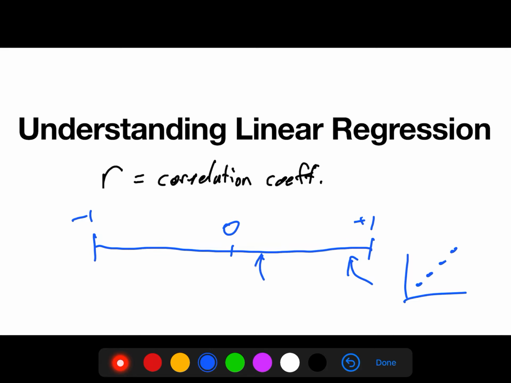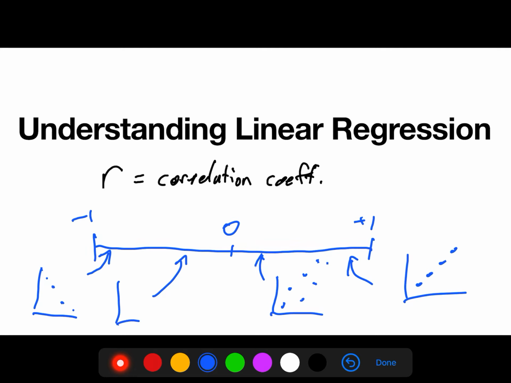If it was over here in this area, then your graph would be going up, but it might have a little bit of a bounce to it as it goes up. So it just depends on how close you are to 1, as to how close you are to a line. Now, things over here in this area of the graph similarly are going downward in a negative way.